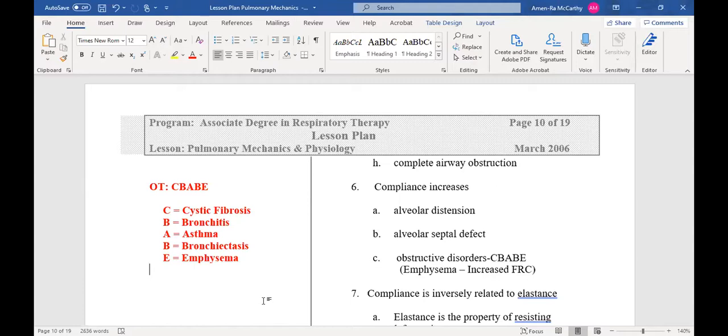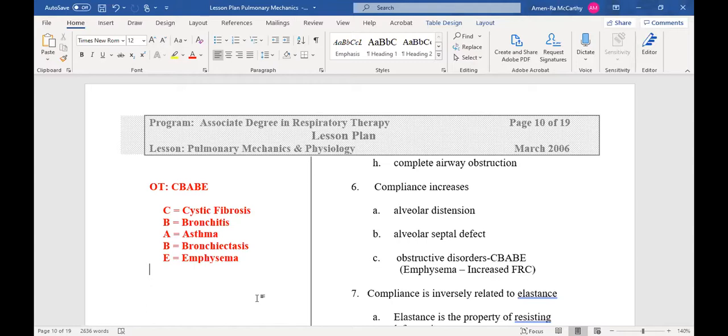All right. So compliance, and look at number 6. Compliance increases with alveolar distension. This is when the alveoli are starting to over distend and they're becoming floppy. When you overwork them and they over distend, they've got stretch marks, like stretch marks on the alveoli. Alveolar septal defects, where the wall between the alveoli may have a defect, will also cause compliance to increase. But the major thing that causes this is COPD, the CBABE diseases, obstructive disorders.